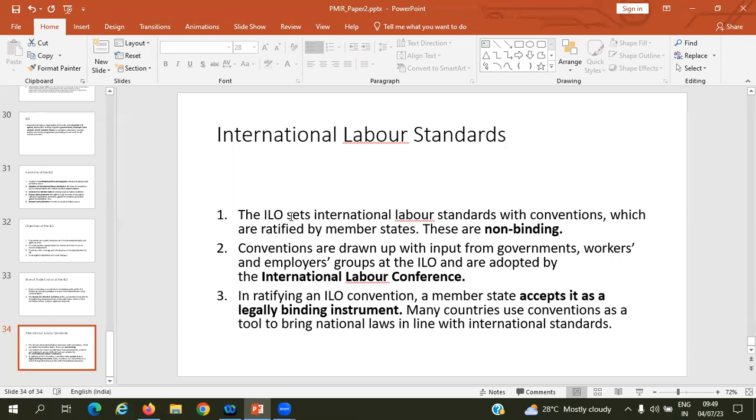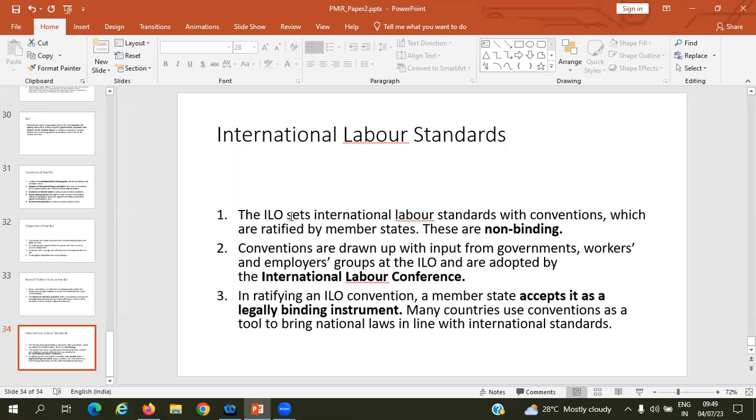Main source is, whenever there is a conference, there is an issue. That issue is giving a standard at national level or member level. Another source is member state accepting it as a legally binding instrument, any legal document, a legal issue.